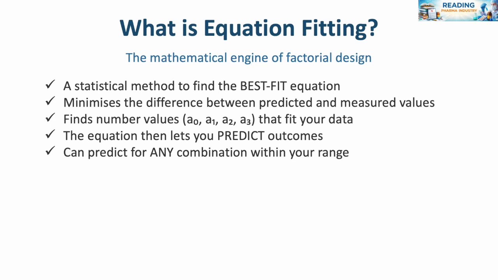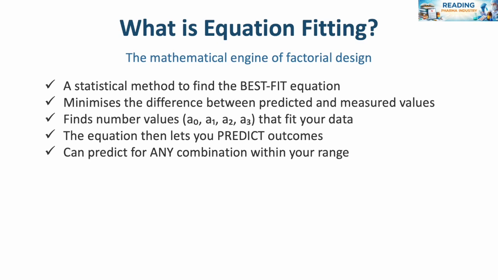So regression finds the one equation that fits best. And I suggest that you refer to the data fitting series if you would like to understand what data fitting means. So how does it define best? It will minimize the differences between predicted values and measured values.